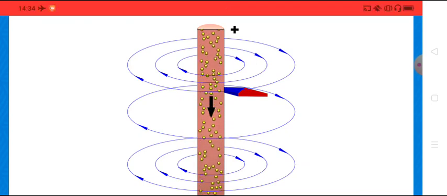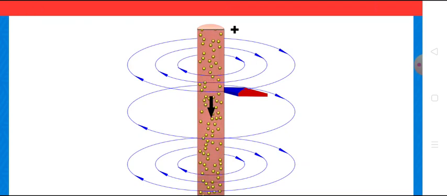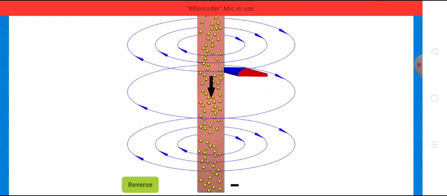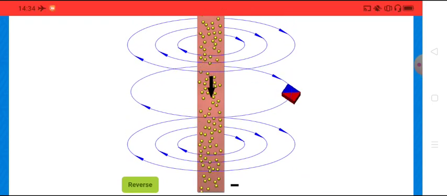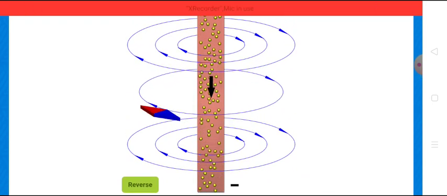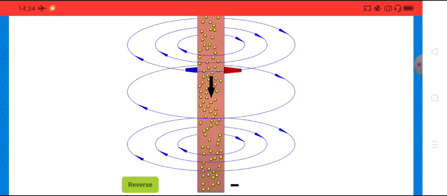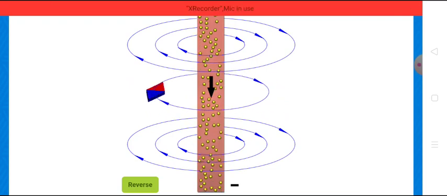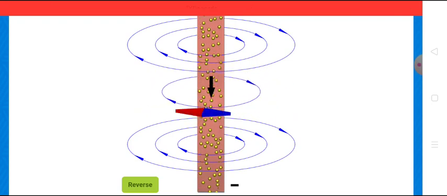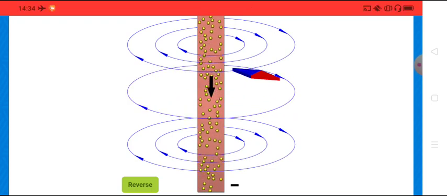The electrons are obviously flowing in a direction opposite to the conventional direction of current. Now, if the compass is moved around the wire, you can see how the deflection is taking place. Okay, this is the manner in which the deflection is taking place.